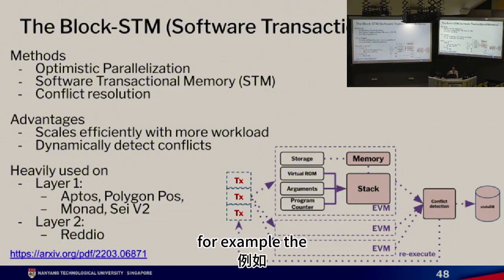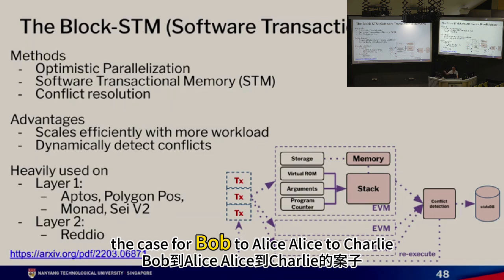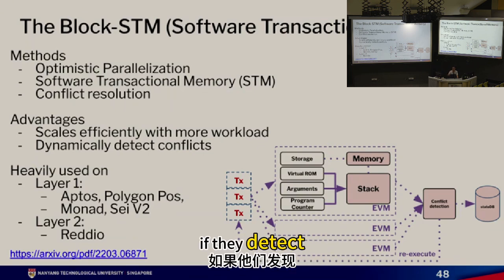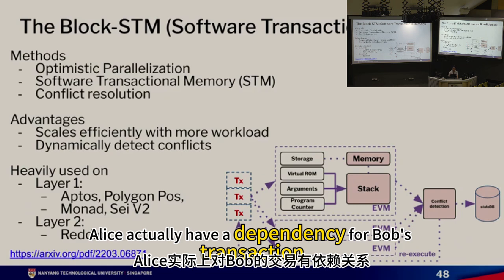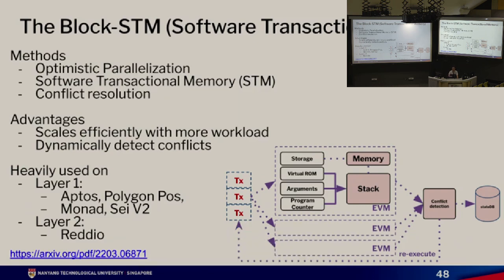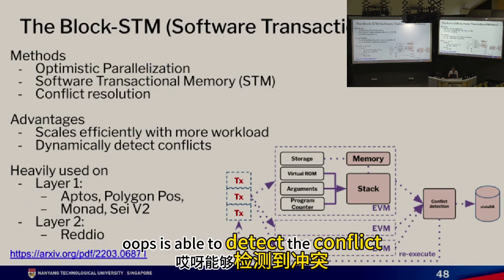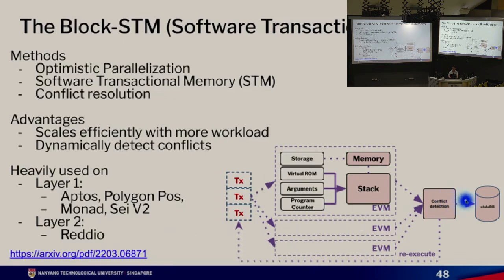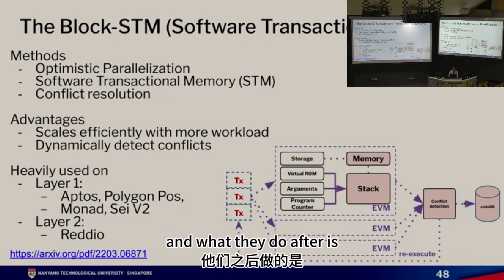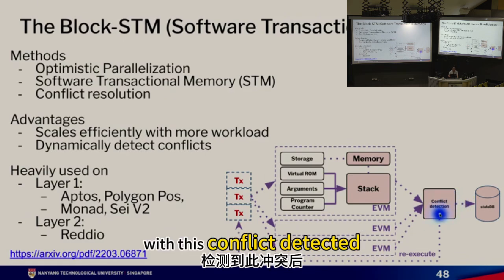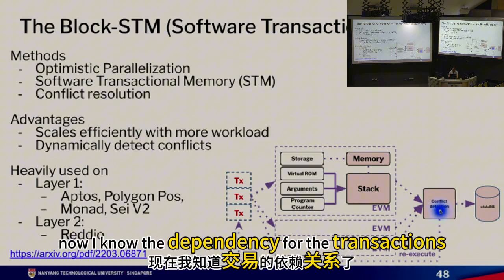For example, in the case of Bob to Alice, Alice to Charlie, if it detects Alice actually has a dependency on Bob's transaction, the conflict detection is able to detect the conflict.